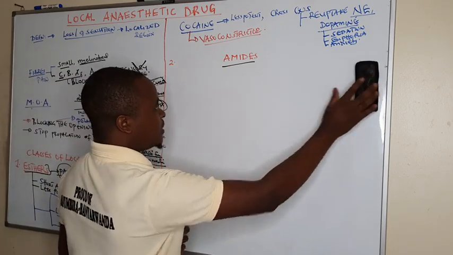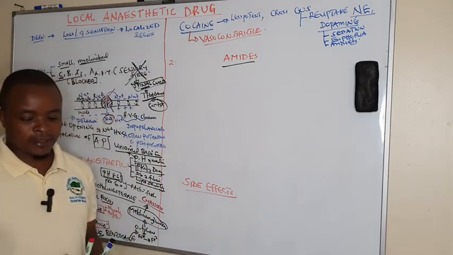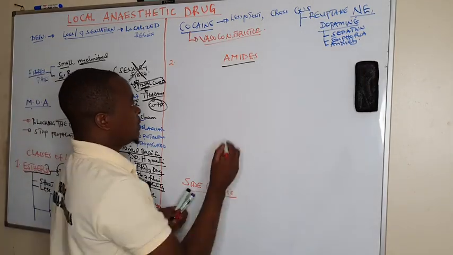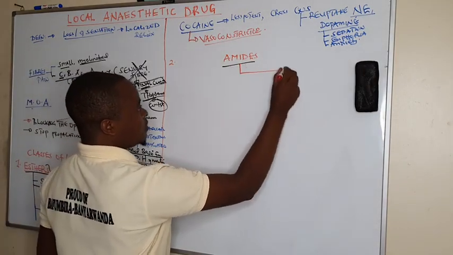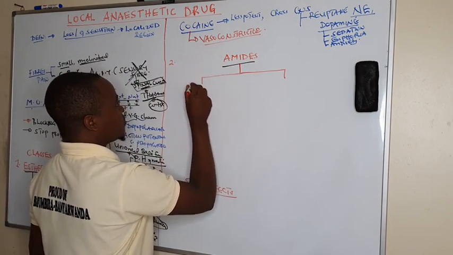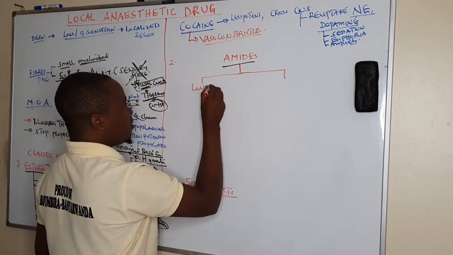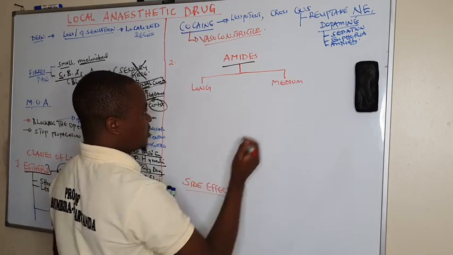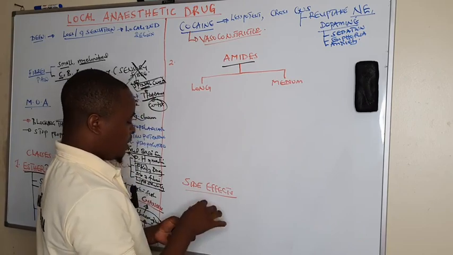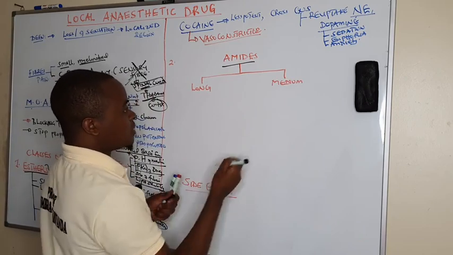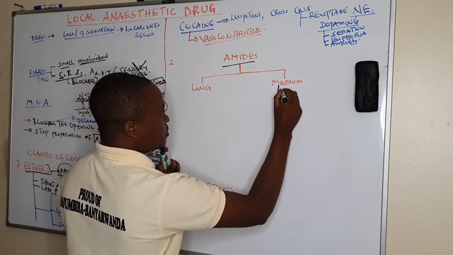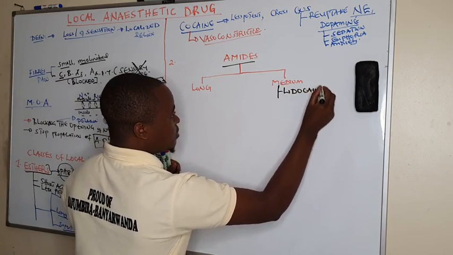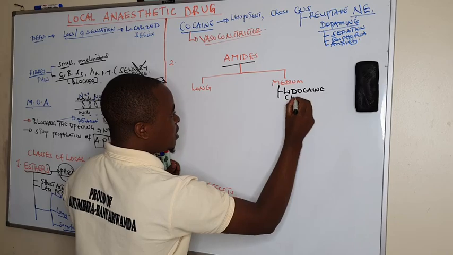Then the amides, they are also categorized in different ways, whereby we shall have long-acting, and under amides, those ones with long action and those ones with intermediate, medium action. And for those with medium action, we shall see a peculiar example of lidocaine. You can call it lidocaine, or it is commonly known as lignocaine.